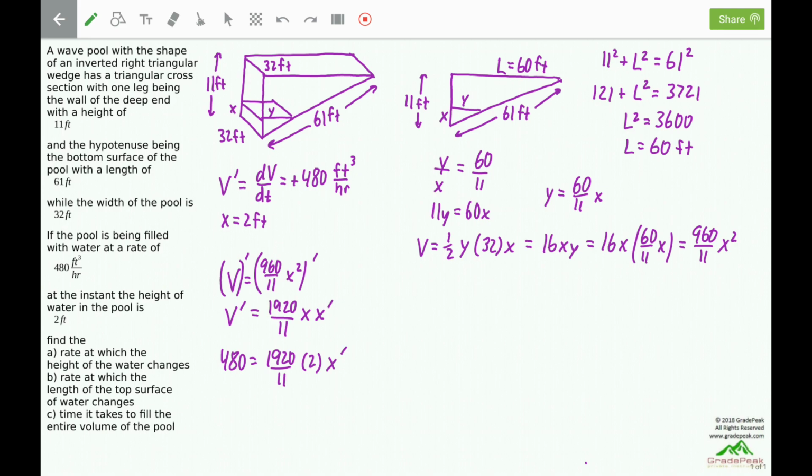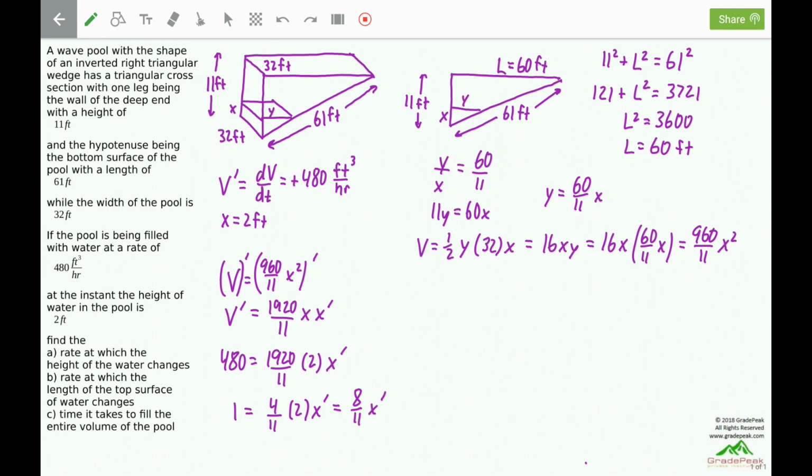It's actually 480 times 4. So we can divide both sides by 480 to keep our numbers smaller. And this will become a 1, and this will become a 4 over 11 times that 2. It's just a way to keep our numbers a little smaller. And 2 times 4 is 8 over 11.